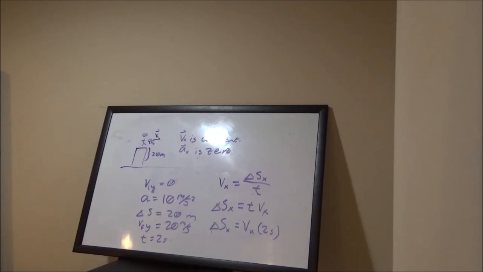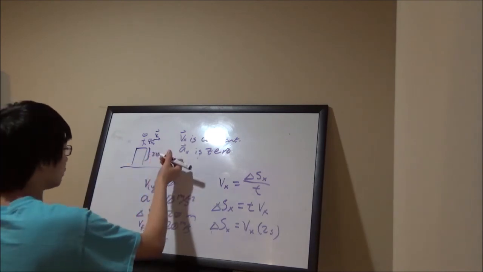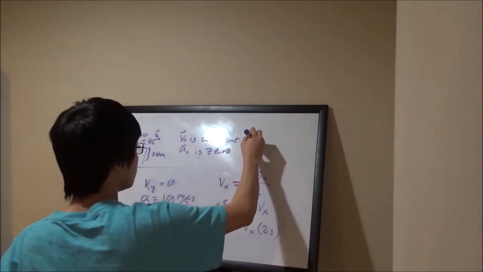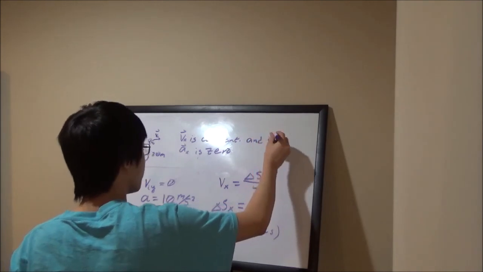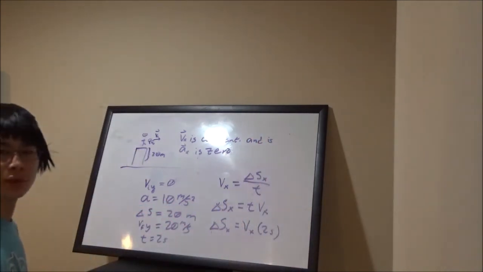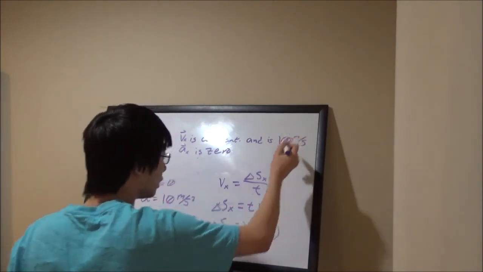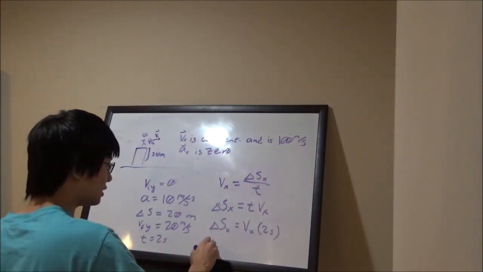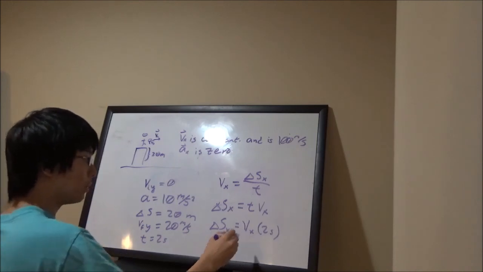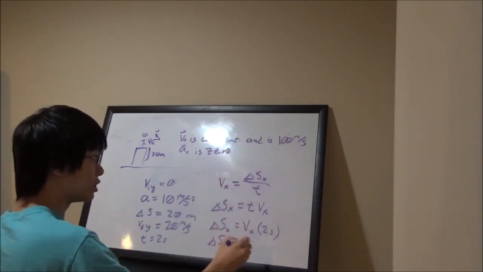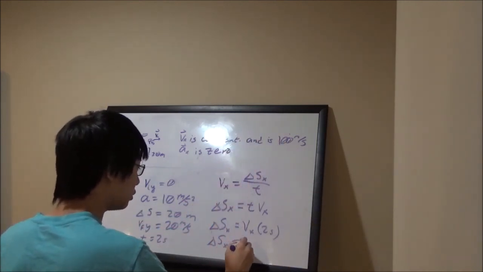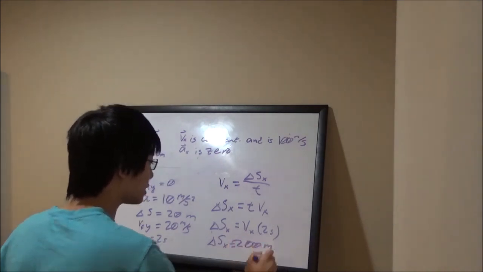So let's say the problem gave us that this initial velocity is, what's a fun number? Let's say we're super fast and we can throw it at 100 meters per second. Alright, so what would our change in distance be in the x direction? Well, that's just 100 meters per second times 2 seconds, and we get 200 meters.